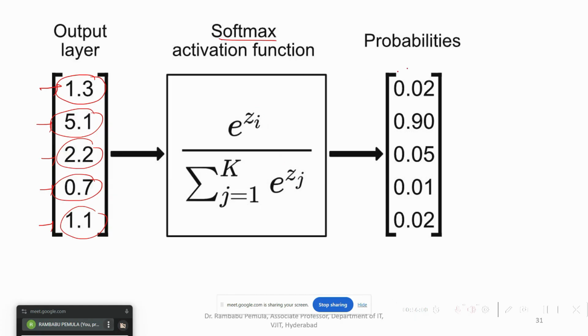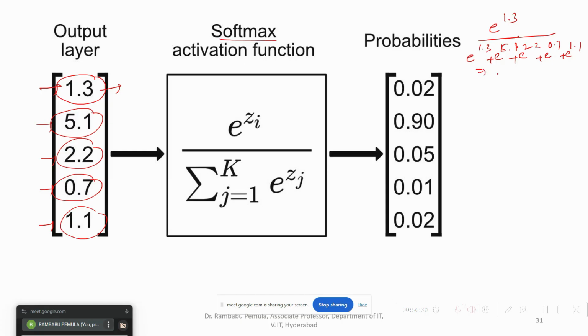That means here, for example, we are considering the first value: e power 1.3 by e power 1.3 plus e power 5.1 plus e power 2.2 plus e power 0.7 plus e power 1.1. Like that you perform the probability for this one.